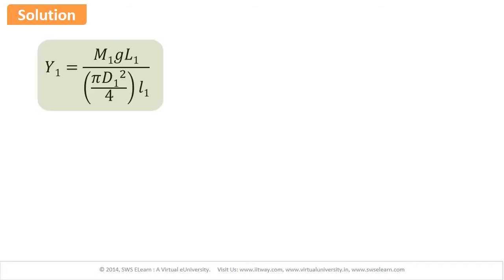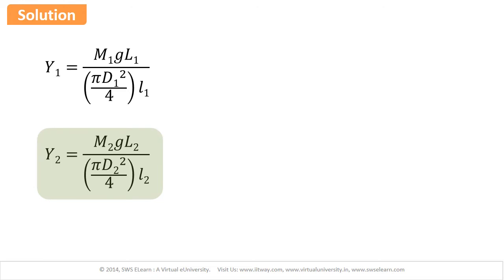Now let us write the equations of Young's modulus for both the wires. Y1 equals M1g into L1 upon pi d1 square upon 4 into small l1. Similarly, Y2 equals M2g into L2 upon pi d2 square upon 4 into small l2.